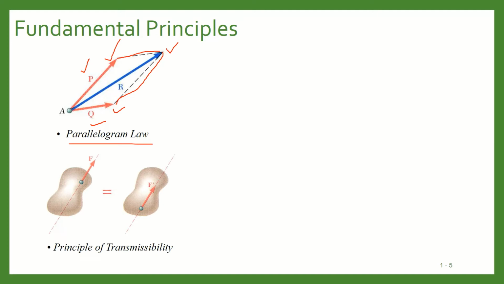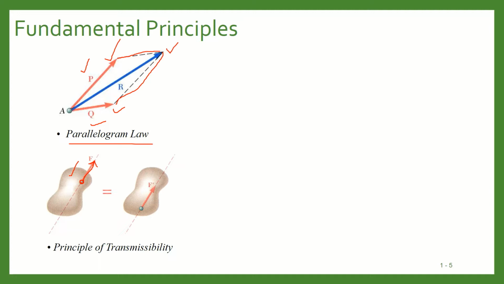Then another principle is the principle of transmissibility. Suppose, as you can see, this is your rigid body and you are applying a force at this point. Suppose you are pulling this body in this direction, and if you draw a line passing through this force, this is the line. What does the principle of transmissibility say?